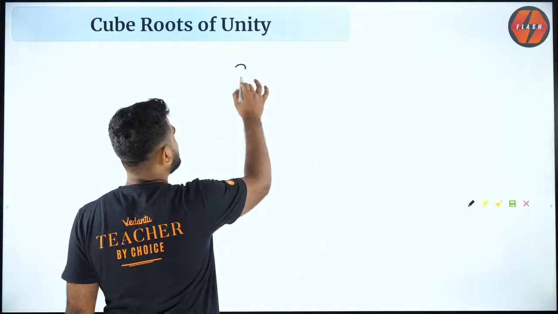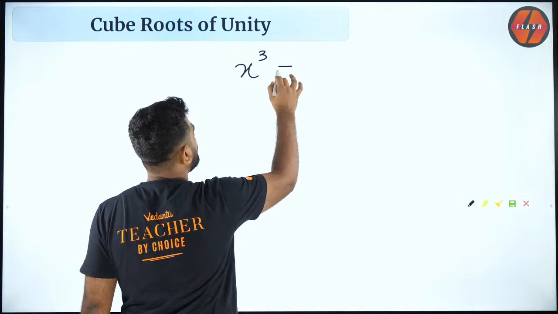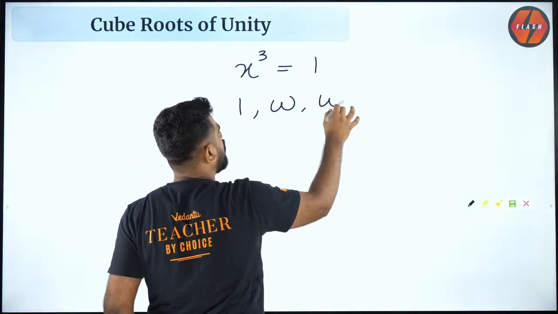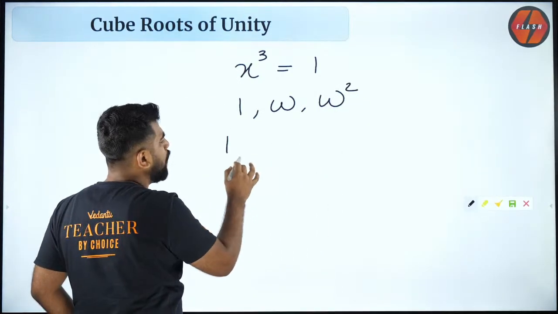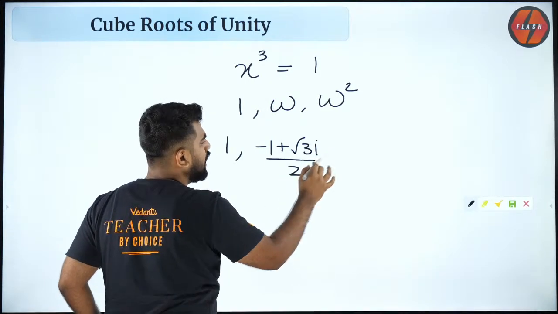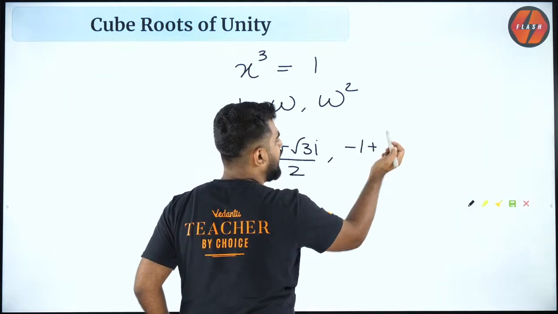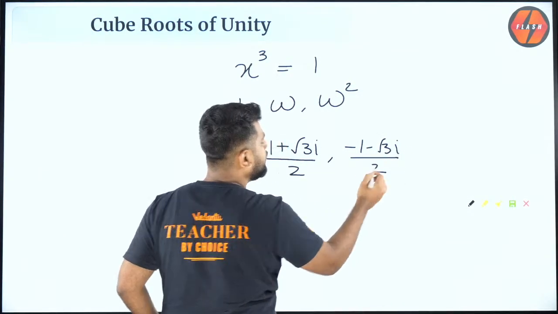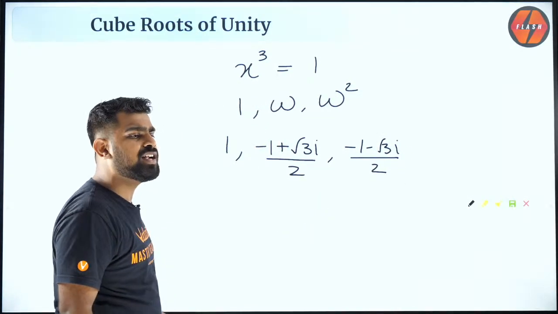So guys, what can I say? Like I said, x cube equal to 1 has 3 roots as 1, omega and omega square. So that is nothing but 1, (-1 plus root 3 iota) by 2 and (-1 minus root 3 iota) by 2. So make sure you guys remember them. Now I'll give you some standard approaches.